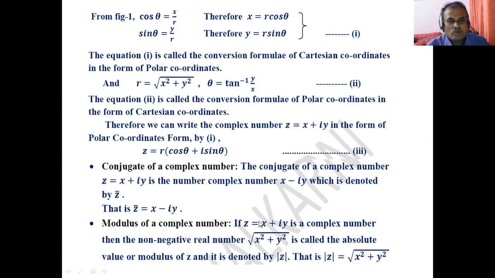So the modulus of a complex number means its value is the square root of real part square plus imaginary part square. So the real part is x square, and the imaginary part is y square. So x square plus y square, square root. So this is the modulus of a complex number.